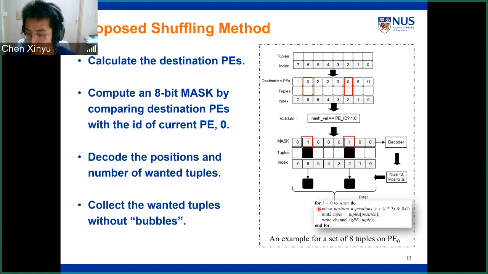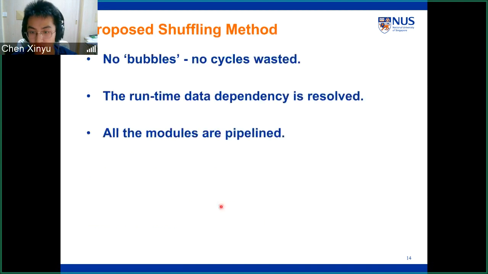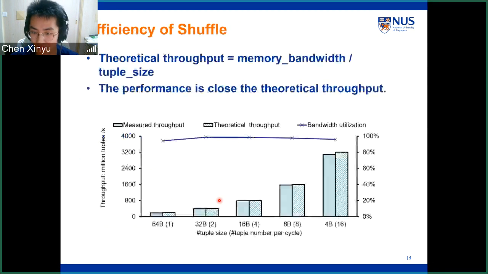Basically, the trip counter we can set to the number of tuples, and in each iteration we just fetch the corresponding position, such that we don't need to check other positions, saving a lot of cycles. So with the proposed method, we do not waste cycles, the runtime determinacy is solved, and all the modules are pipelined.